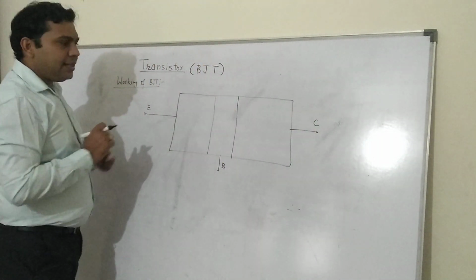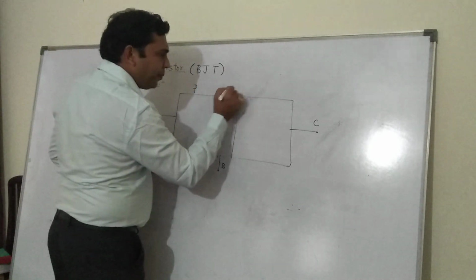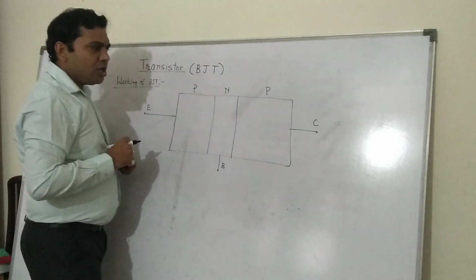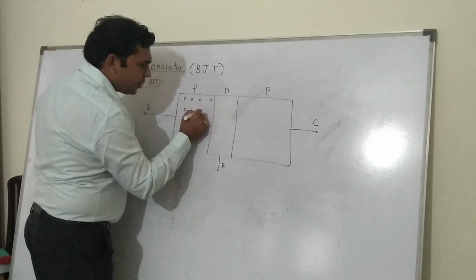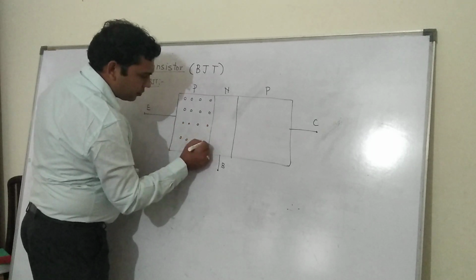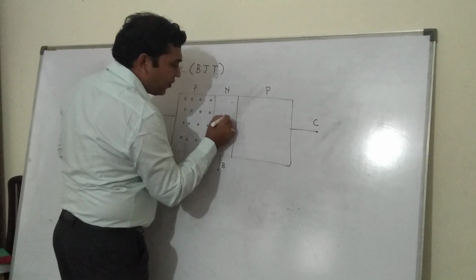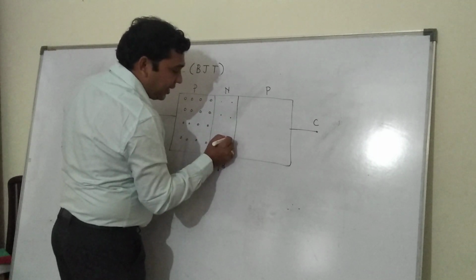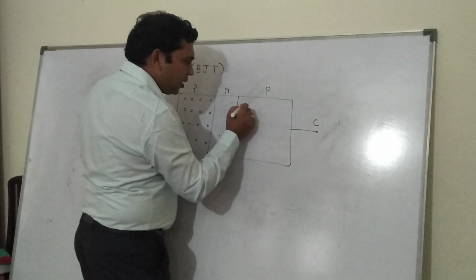Let's say this is a BJT, P, N, and P. This has a majority of holes. Let's make some holes here. This has a majority of electrons, but a very small number of electrons, since this is very lightly doped. This has P holes again.